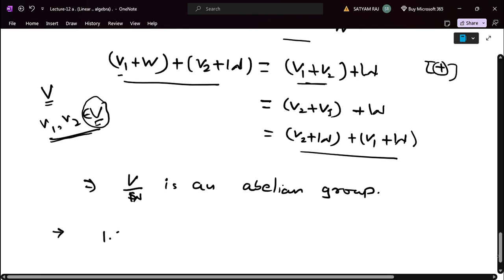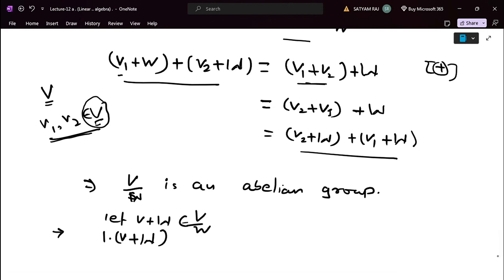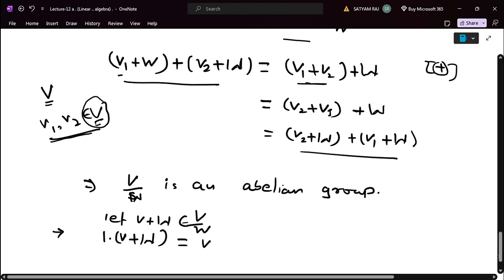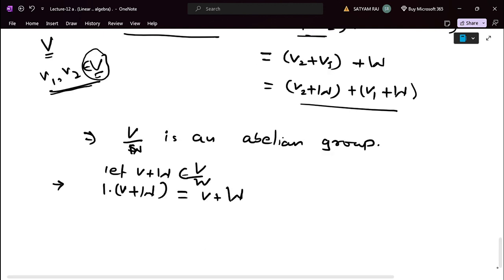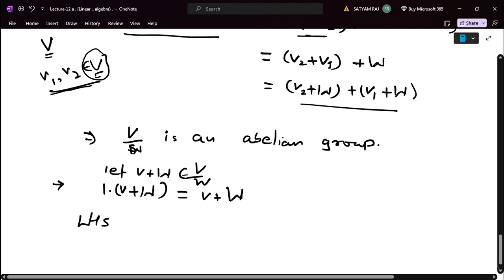Now, a further property we will prove: that 1 dot x, let v plus w be any element of V by w. We will prove it here. So what is LHS here? 1 dot v plus w.